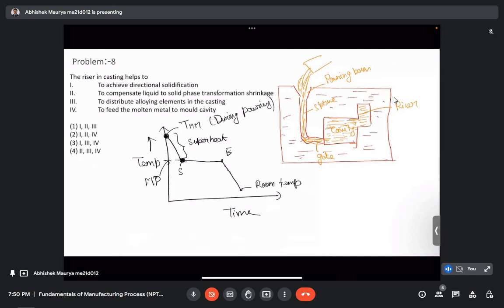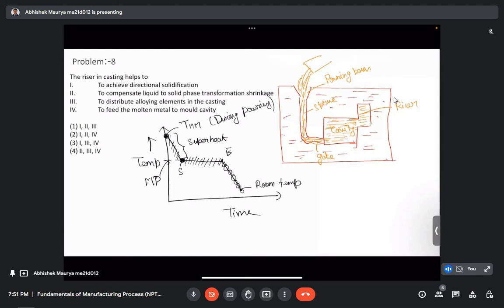So during the whole process, shrinkage of volume takes place. So from here to here there will be some reduction in the volume, and when the liquid metal transforms into the solid, then again volumetric shrinkage takes place, and when it gets solidified and its temperature keeps on coming down to room temperature, then also its volume keeps on changing.